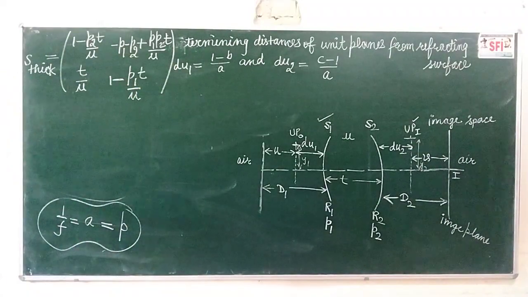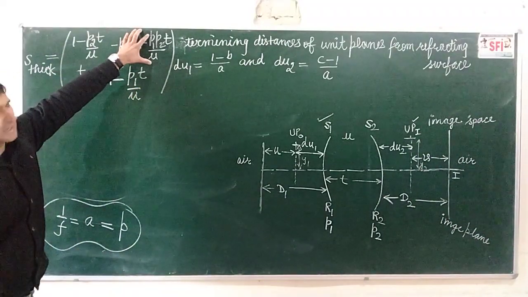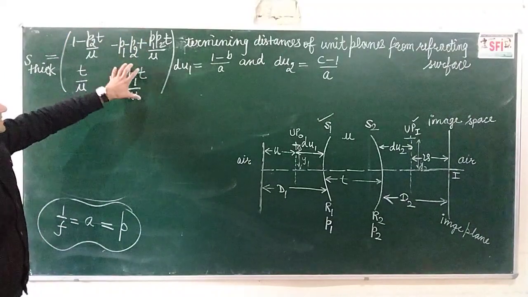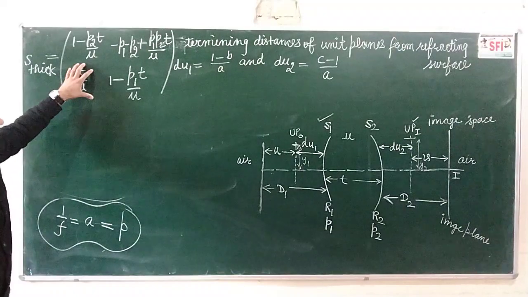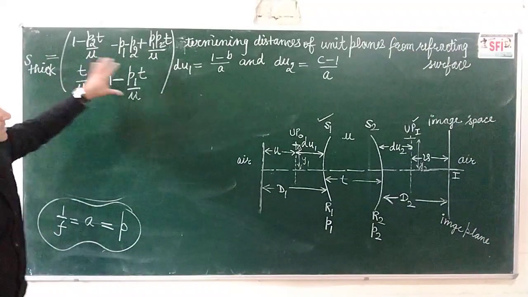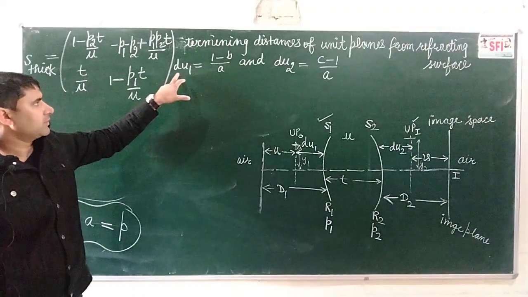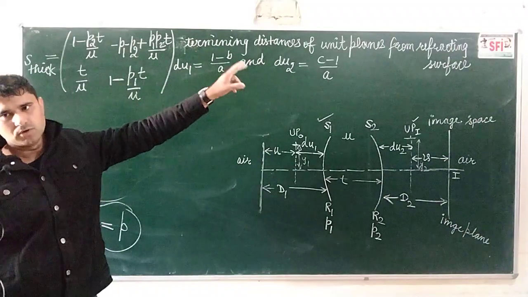Here this factor is minus A, this is B, this is C, and this factor is minus D, and you have to substitute the values of A, B, C to get du1 and du2.